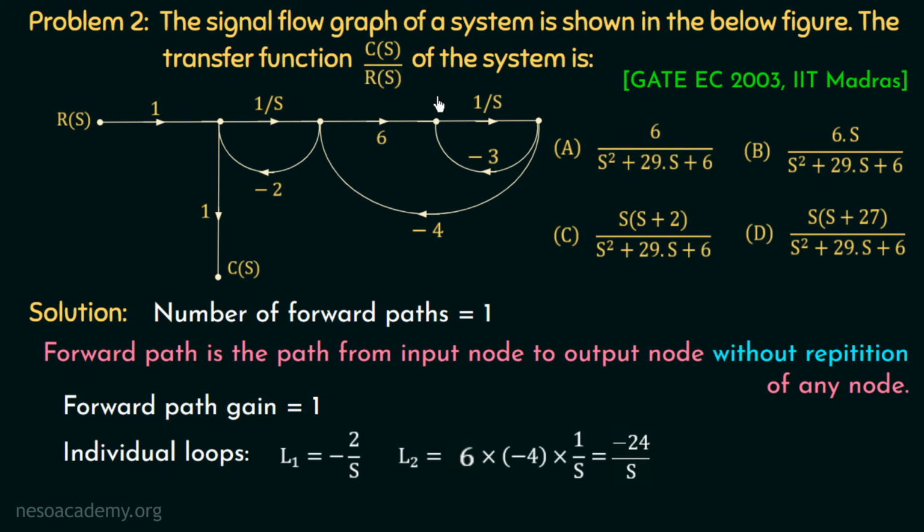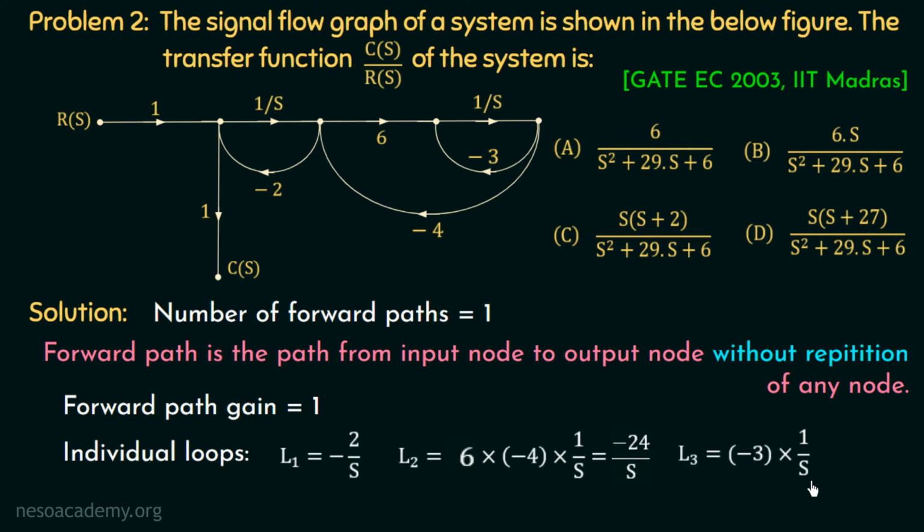Now, if we observe this portion of the SFG and if we start from this node and move on this branch towards this node, and then if we take this branch to move back towards this node, then this will also form a loop. And the gain of this loop will be the product of these two branches. So our third loop is L3 and the gain of this loop will be minus 3 multiplied with 1 over s, which is minus 3 over s.